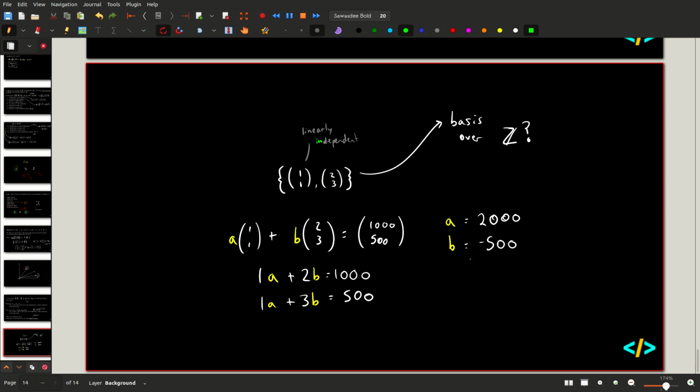So to form a basis, we need to have the span of the two vectors be Z. So the span needs to be this, because we need to be able to reach anywhere in the vector space, and they all have to be linearly independent. So first of all, is the span of these two vectors Z raised to 2? Can we reach any tuple of integers or any vector of two integers with a linear combination of these two?